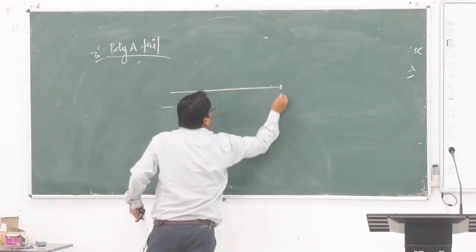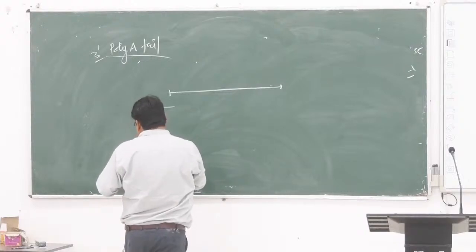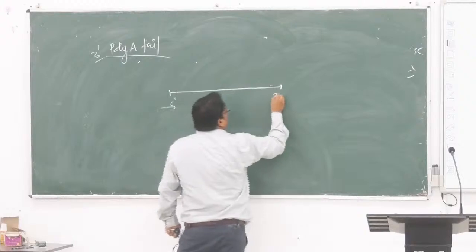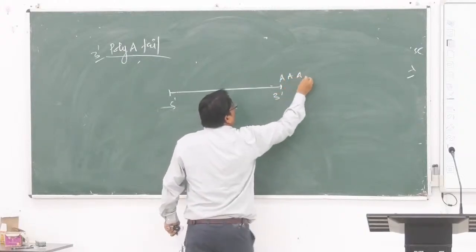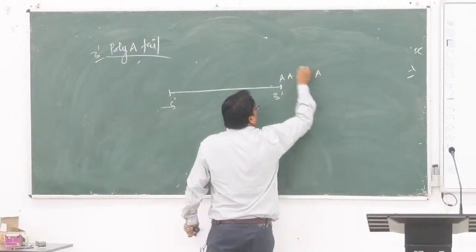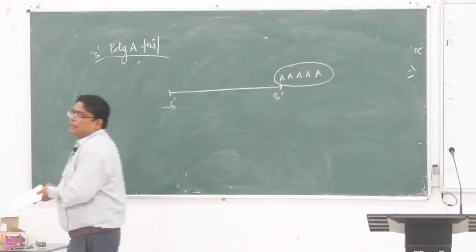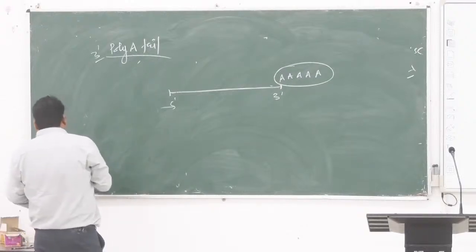This is our RNA (5' to 3'), and there is continuous addition of adenosine groups to the 3' end, which we call the 3' poly-A-tail.